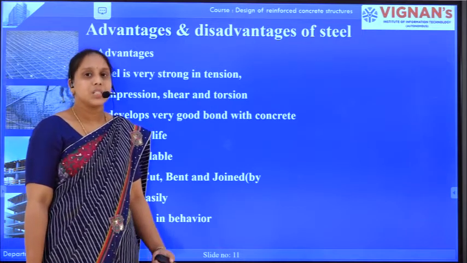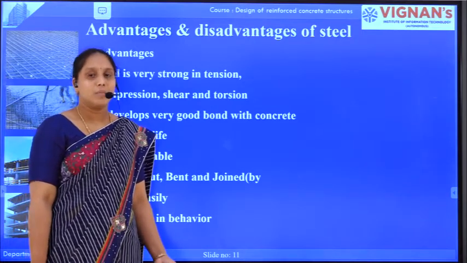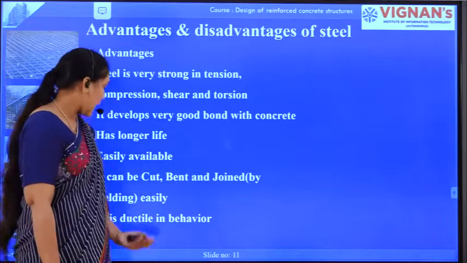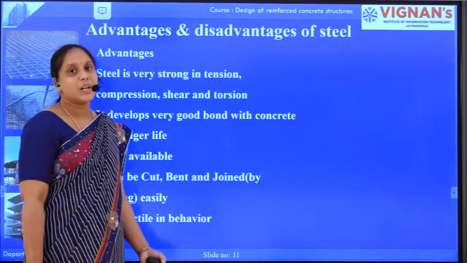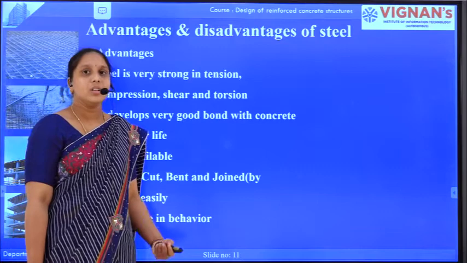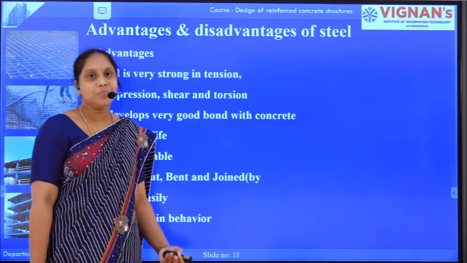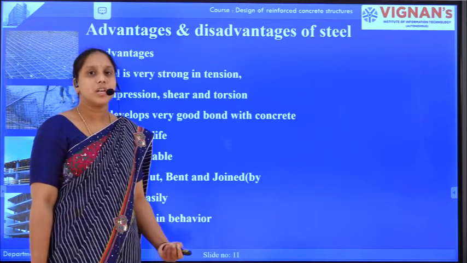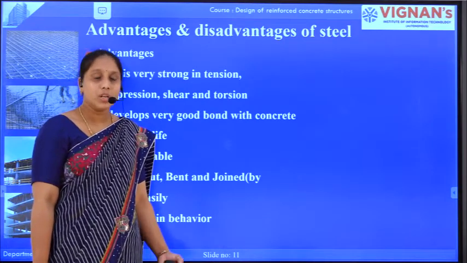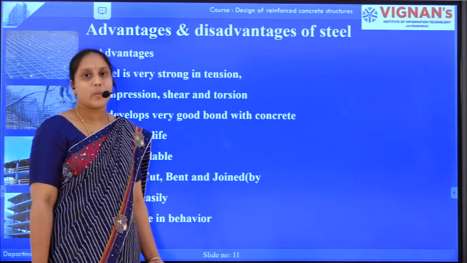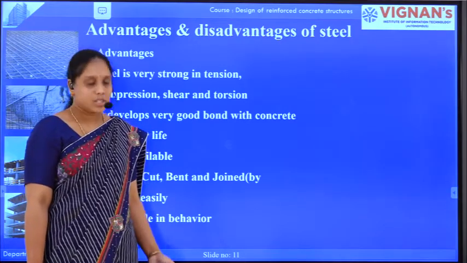So steel is a ductile material. As it is a ductile material, it doesn't suddenly fail under loads and it gives sufficient warning before the failure. So that is also an advantage of steel.